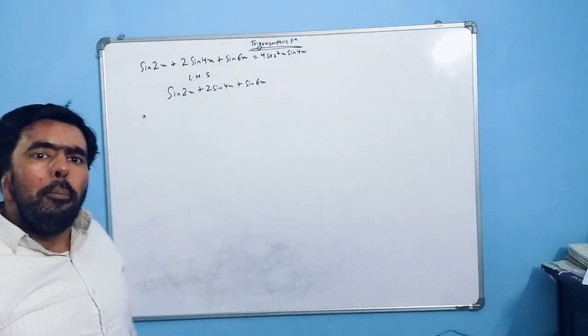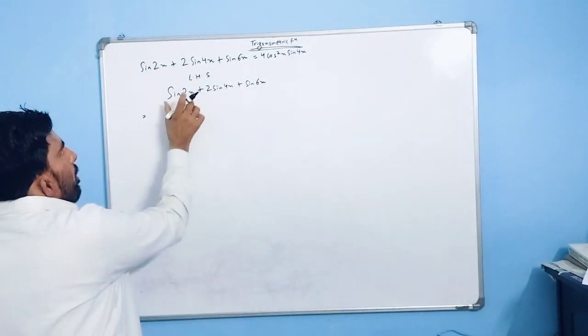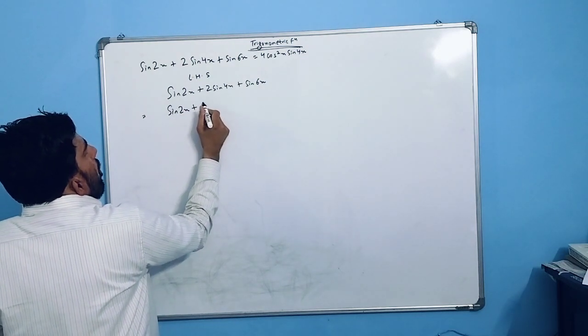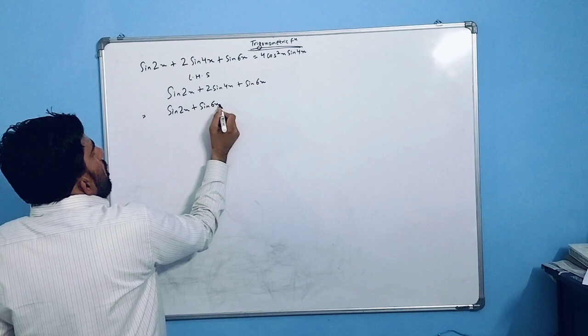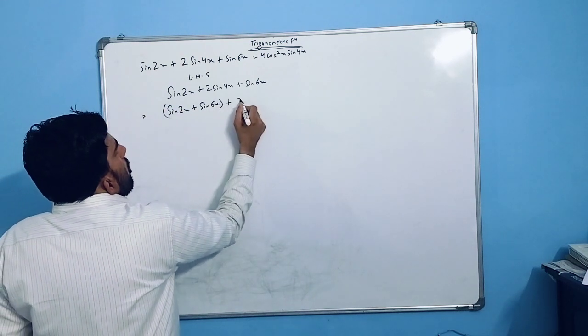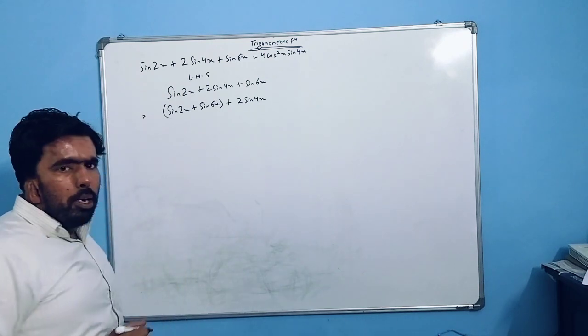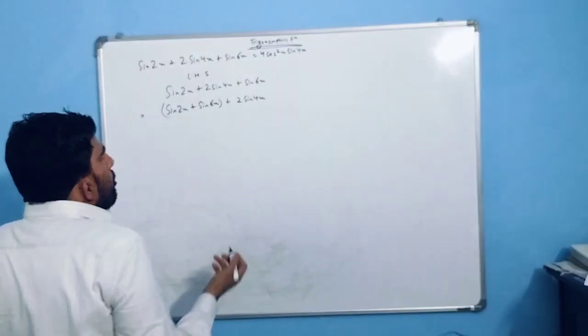Now, in this type of numerical, what we can do is take sin 2x plus sin 6x, plus 2 sin 4x. This is what they have given.